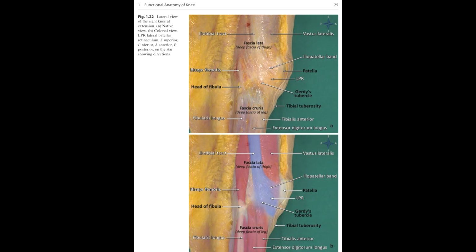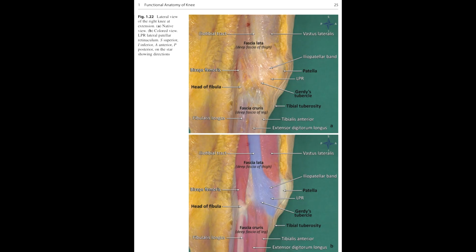It runs vertically down the lateral thigh and inserts into Gerdy's tubercle on the anterolateral tibia. This insertion is clinically significant. Pain and tenderness at this site are hallmarks of iliotibial band syndrome, a common overuse injury in runners and cyclists.